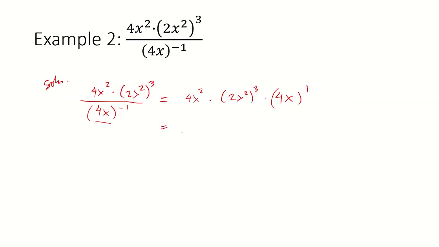Then, next, what you do next is power rule of product. Ito. So, magiging 2 cube times x to the power of 2 times 3. Kasi dalawa yung base natin, 2 at saka x. So, magiging 2 cube is 8. 2 times 3 is 6.